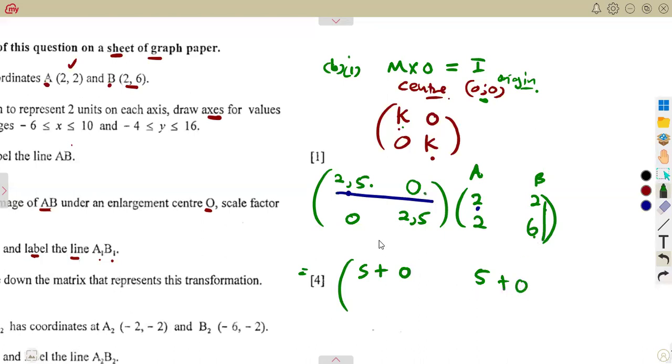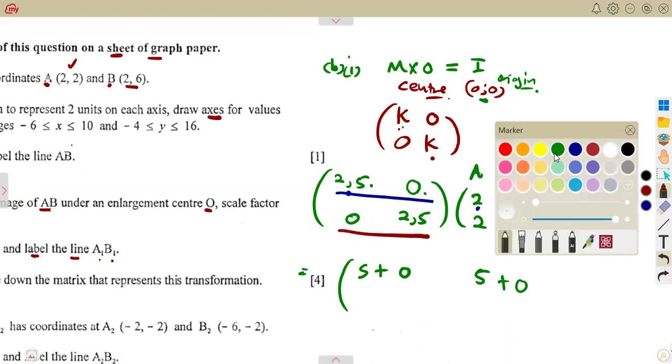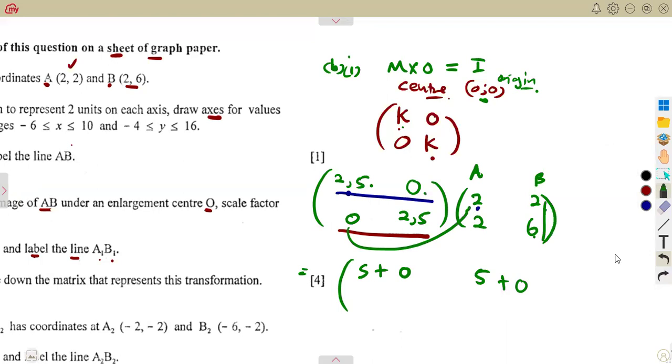That's a 0 there. Same thing, considering this row, so that will be row by column again. 0 times 2, that's a 0, plus 2.5 times 2, which is a 5. This row with the last column, so that's 0 times 2, which is a 0, plus 2.5 times 6.